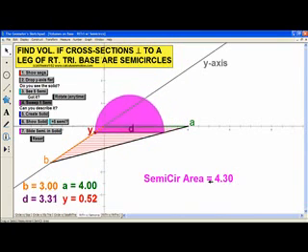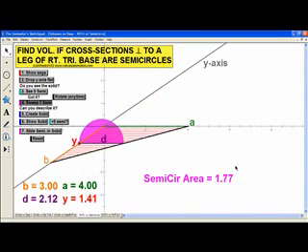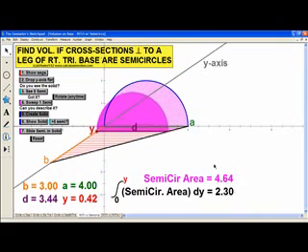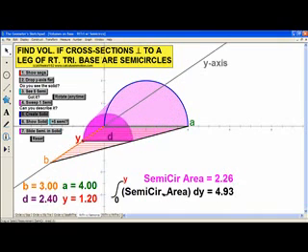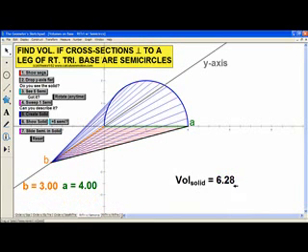We can sweep one of them along, and you can see the area, of course, getting smaller as we continue down here. This is actually creating the solid, meaning that you add up all of these areas through integration to get yourself a volume. And we have this oblique cone. And this is the whole thing, of course. 6.28 is really 2 pi in this case.